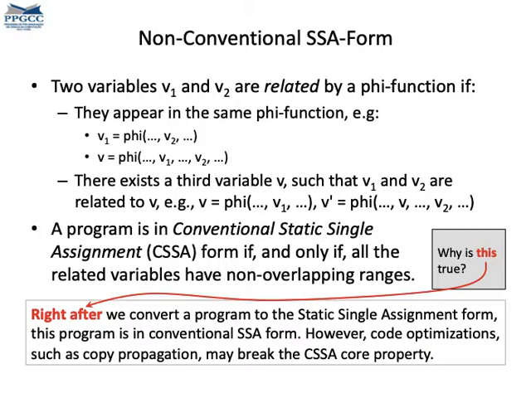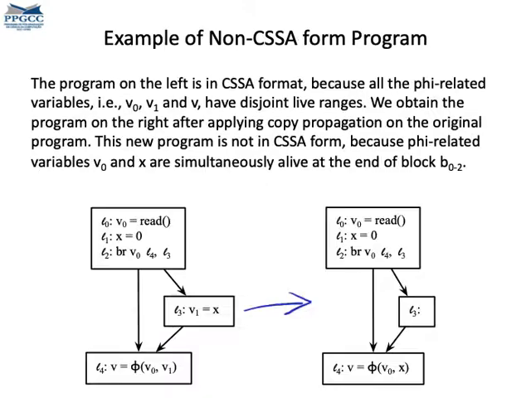However, there are optimizations like copy propagation, for instance, that might break the conventional property. Let me give an example. The program on the left is in conventional SSA form. There are three phi-related variables, v, v0, and v1, and their live ranges do not overlap.